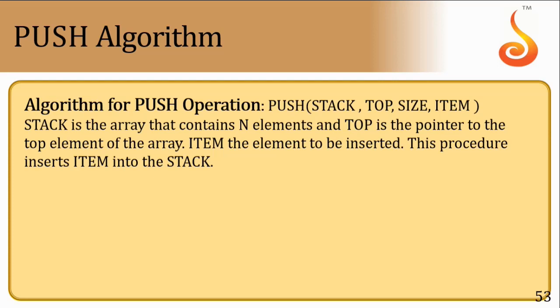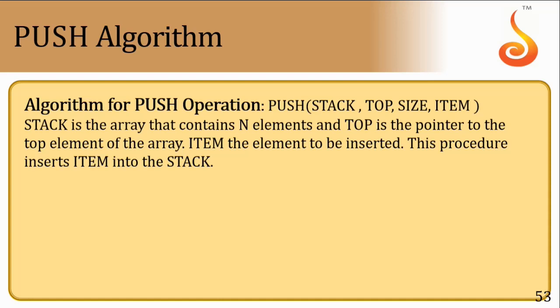Stack is an array that contains, see here again, stack is an array. Yesterday's example also I had told you stack is an array, a homogeneous set of elements. So here also, since stack is an array that contains n elements, top is a pointer to the topmost element. What is the topmost element?